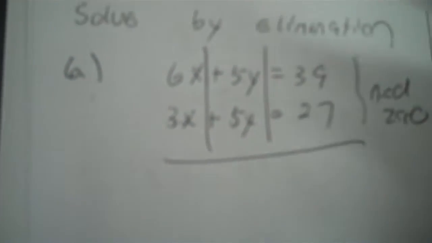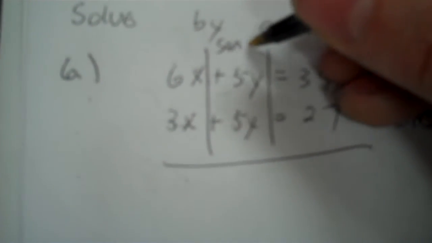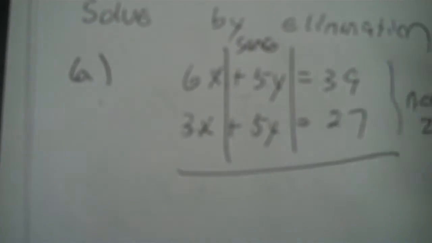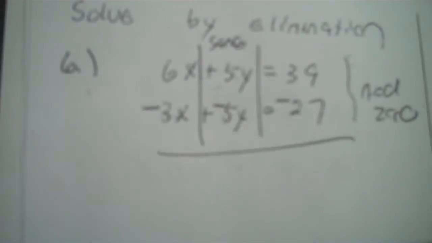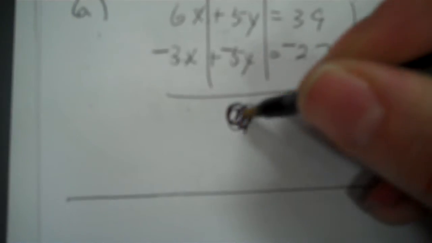In either the x or the y column, either one's good. That's 9x, that's 10y, but we do have the same term there. As long as I make my 5 into a negative, I'm good, but then I got to make the 3x negative and the 27 negative. So 5 and a negative 5 will make 0y, so y is then eliminated.